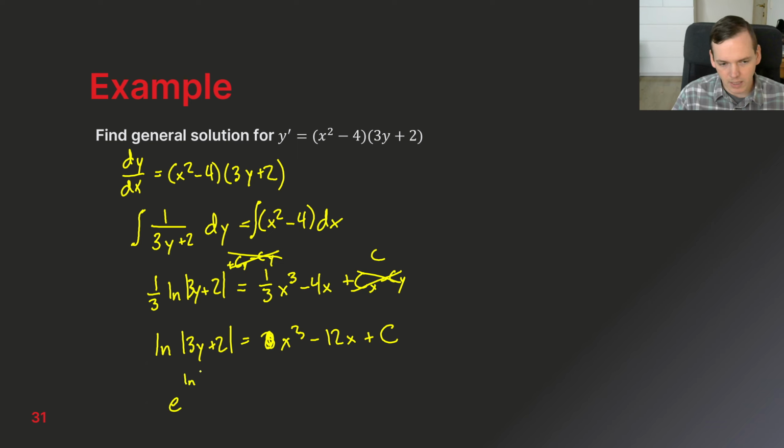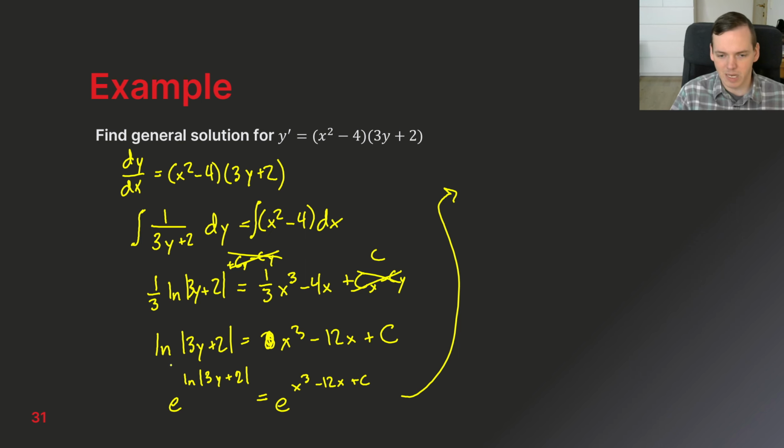So e to the ln of 3y plus 2 is equal to e to the x cubed minus 12x plus c. If you need to review your exponentials and logarithms, this should become second nature by the time we get to the AP test, by the time we get to the quiz. So check in with me if you need support on this.